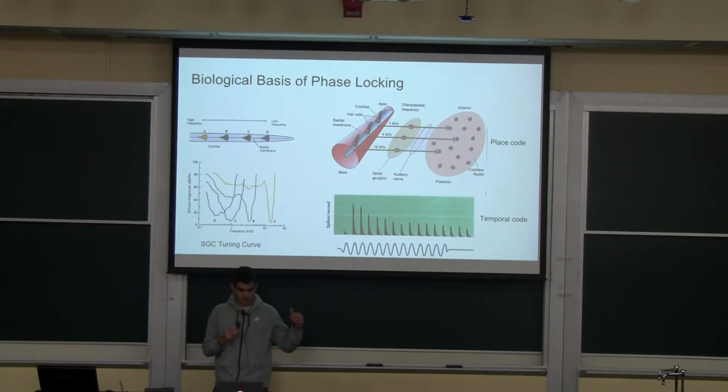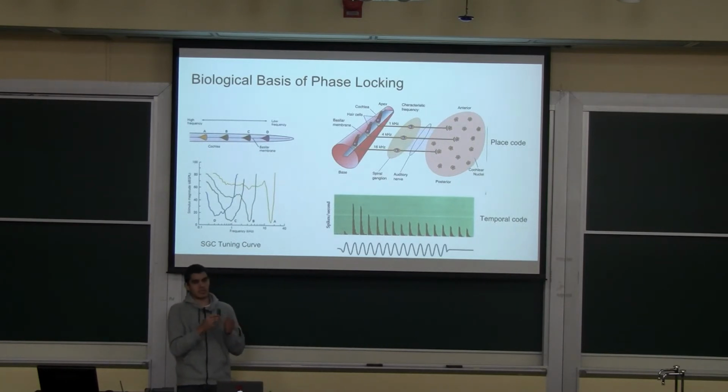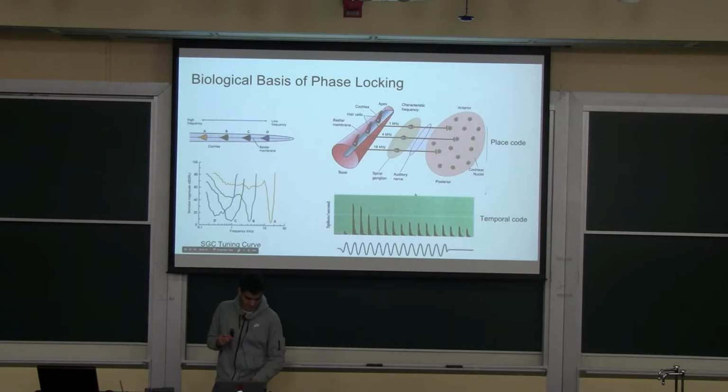Those populations of hair cells are tuned, because of where they are, to a specific frequency. And those populations of hair cells communicate with a specific population of ganglion cells, okay? So the idea in this tuning curve is that depending on where the ganglion cell is, and more specifically the hair cells it innervates, different ganglion cells are tuned to different frequencies, okay?